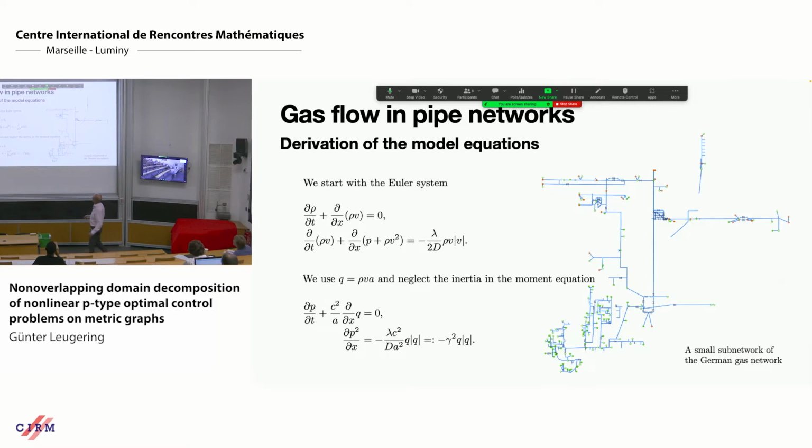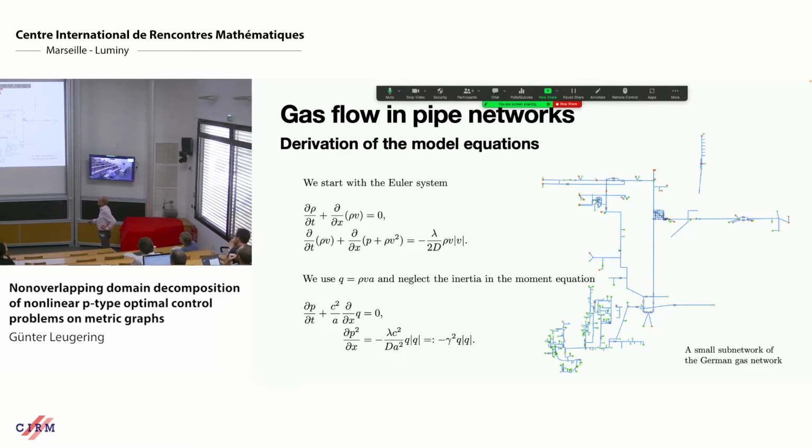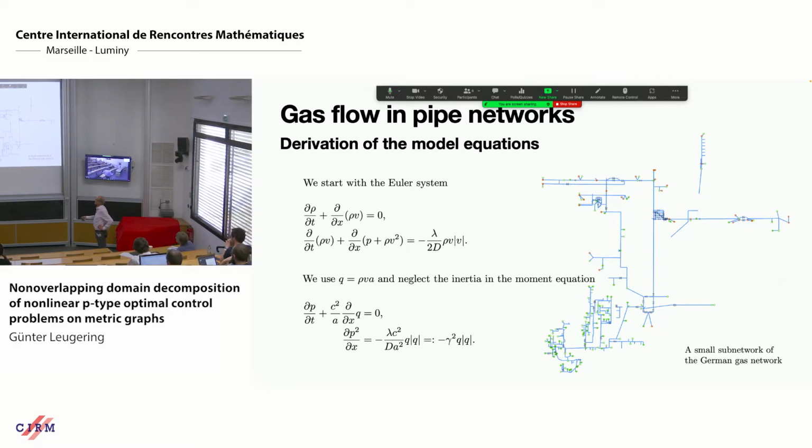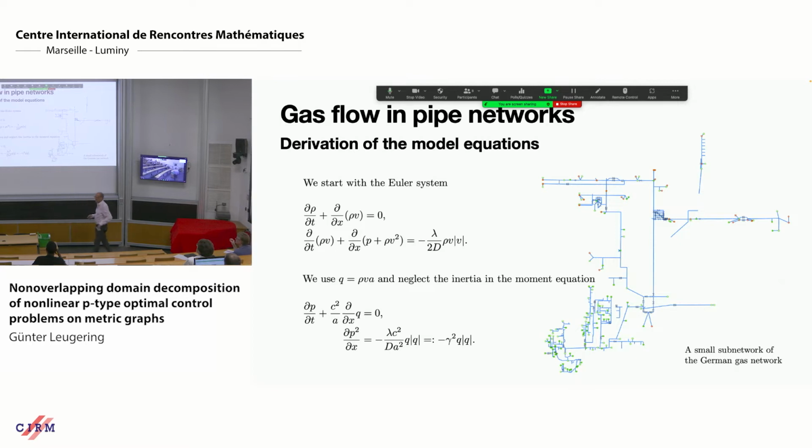So here I just also show you some sample graph again. You can neglect inertia in these equations and obtain this equation, right? You can do that. This was done by the first engineers that I know, Stoner in 1968. There was a dissertation in the US, he did this.